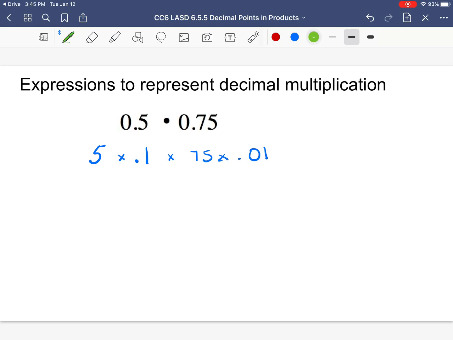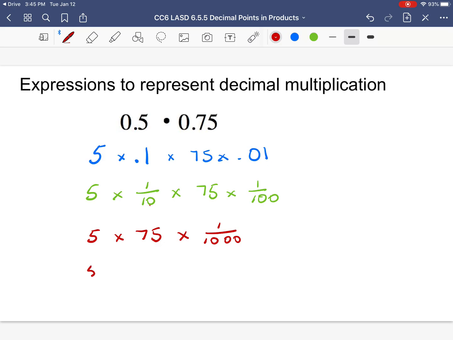That's equivalent to 5 multiplied by 1/10, and multiplied by 75 times 1/100th. And we can change the order of these. We have 5 times 75 times 1/10 times 1/100th. 10 times 100 is 1000.